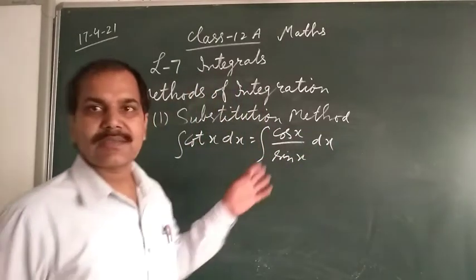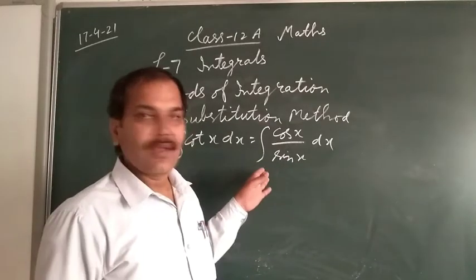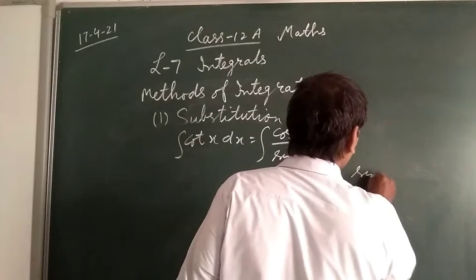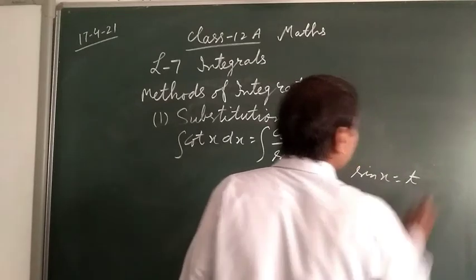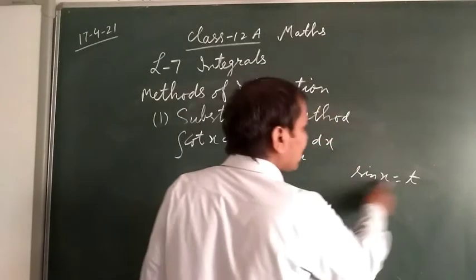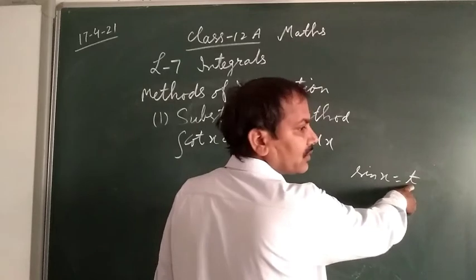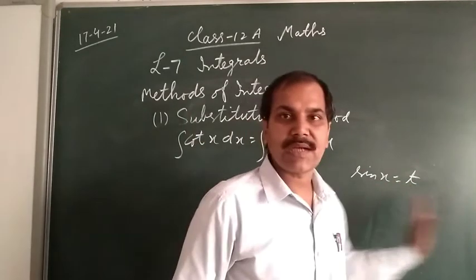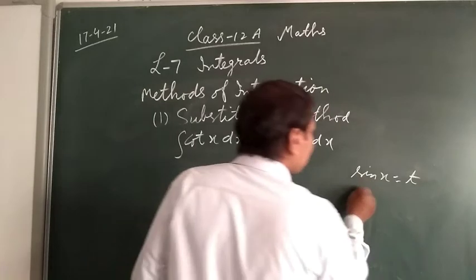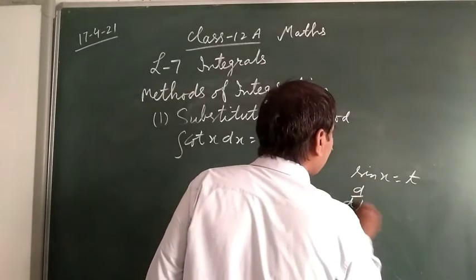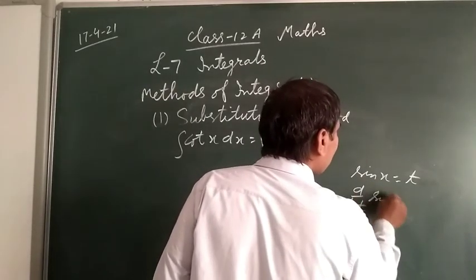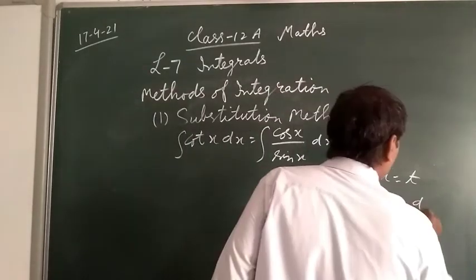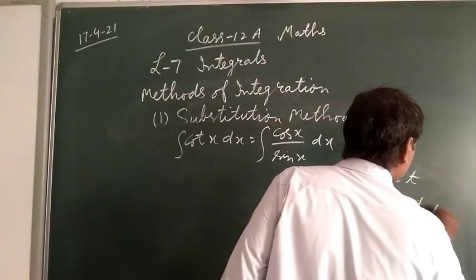So here cos x and sin x both are there, so you have to suppose here. Suppose sin x equals t. What you have supposed, with respect to that you have to differentiate both sides.